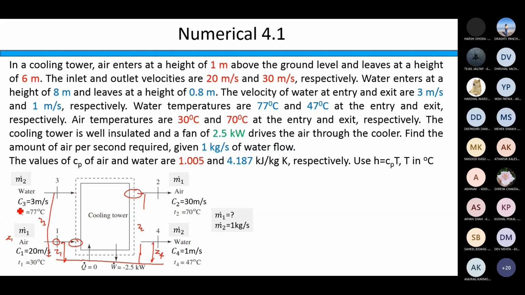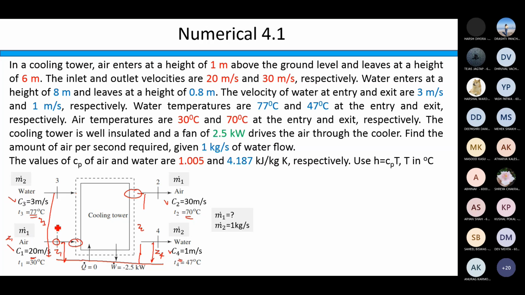And the quantities like the velocity C1, C2 for air entering and leaving, C3, C4 the velocities entering and leaving for the water. These are given. Temperatures are also given. So all those temperatures are also noted down here, right? And most important, mass flow rates.